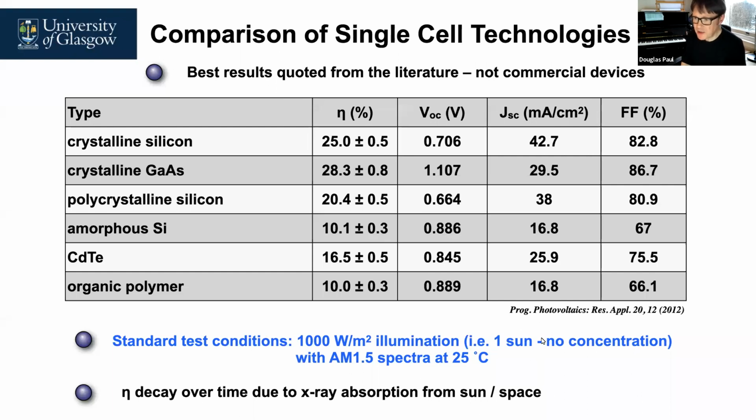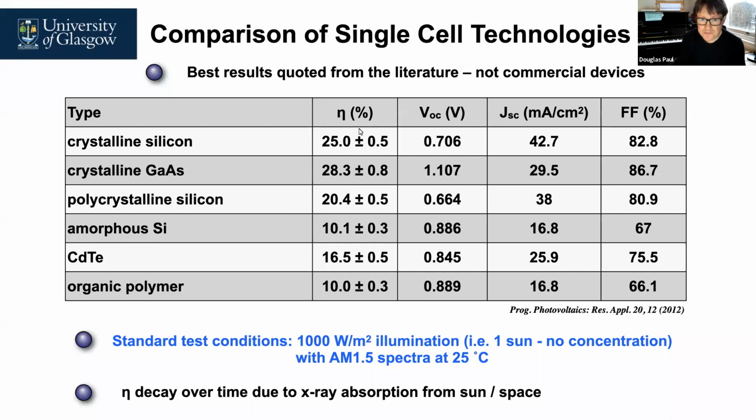So one sun means it's basically 1000 watts per meter squared, and there's no concentration. You'll understand much more about concentration in the next bit of the lecture as we look at how we can improve the values. And it's at 25 degrees C for the temperature of operating the cell or the module when it's measured. So these are standard conditions so that we can have a fair comparison between all different technologies.